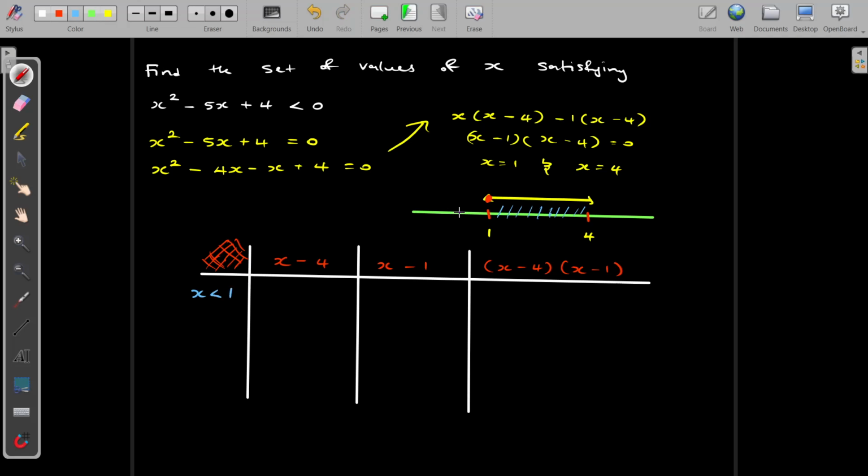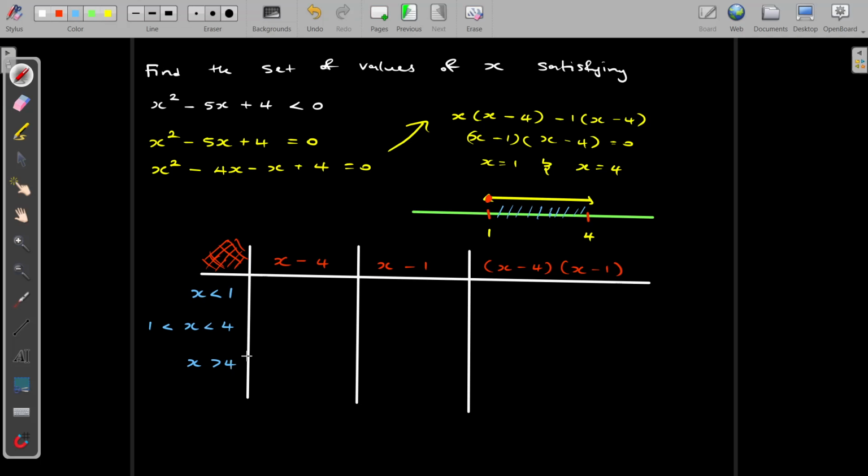That's the region we're looking at. Another region we could look at is when x is between 1 and 4. That's a region of interest. The other region is where x is greater than 4. And those would be our 3 possible solution sets.